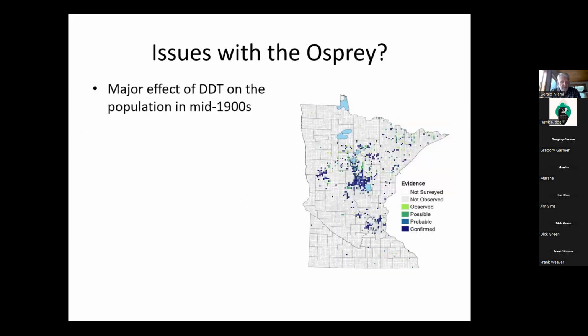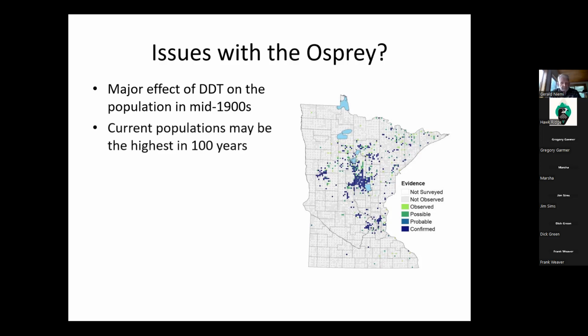So again, the osprey being a fish-eating bird had major effects of DDT on the population during the use of DDT, and the population declined substantially, as shown by the low counts in the early 1970s period at Hawk Ridge.